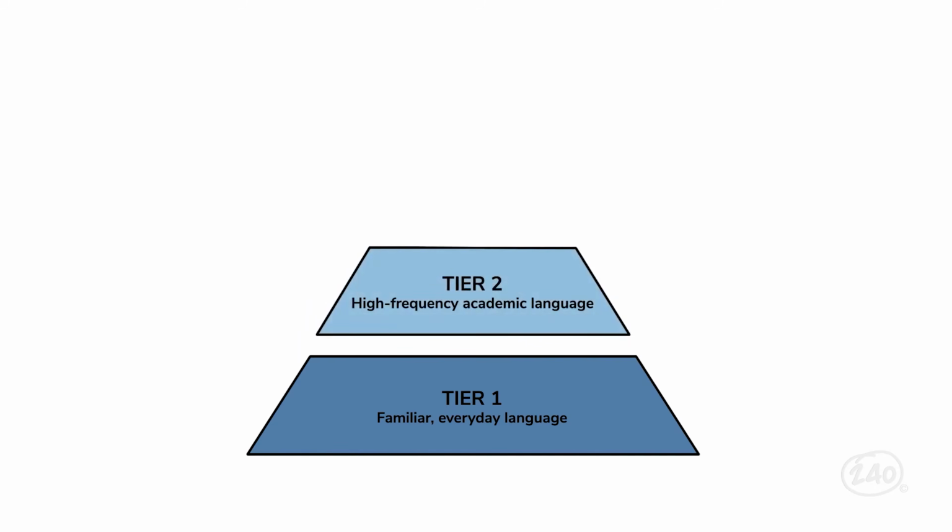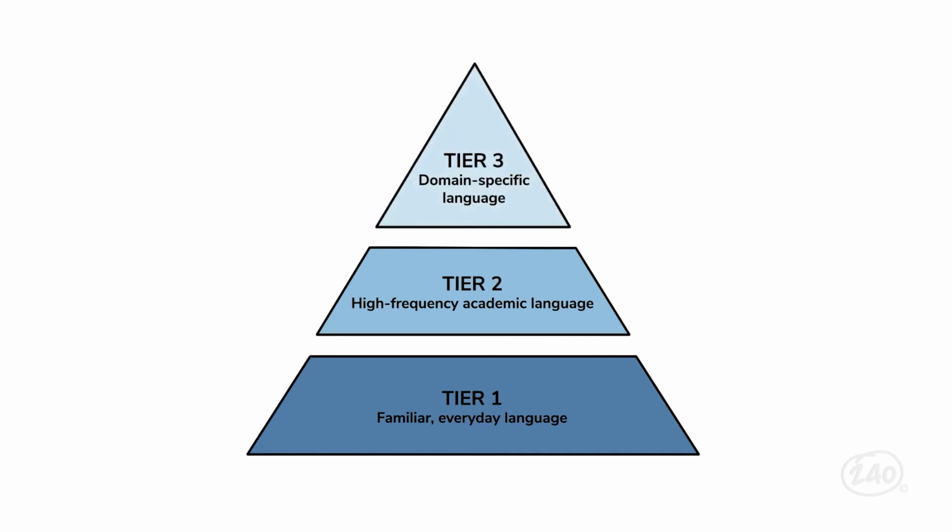Tier 2 is made up of high-frequency academic words, or words that students will encounter frequently in multiple content areas. Many of these are process words that commonly appear in assessments, like describe, explain, or evaluate. Tier 3 consists of low-frequency, domain-specific words.